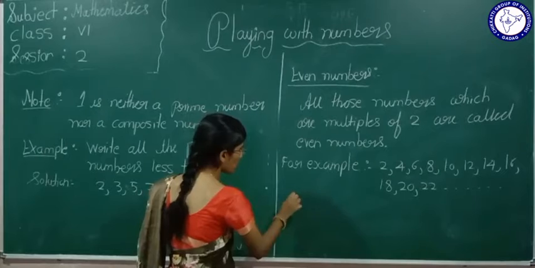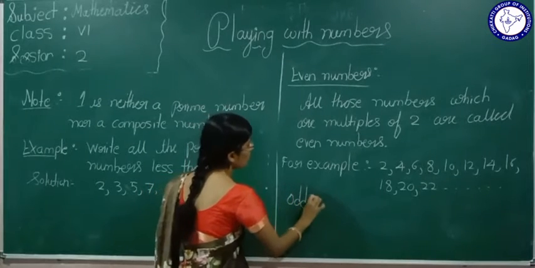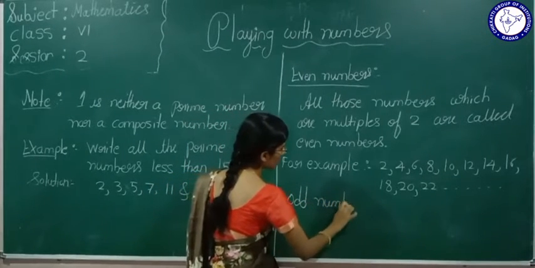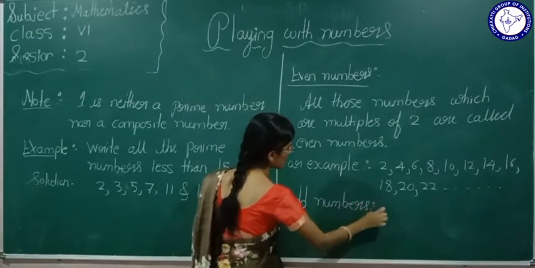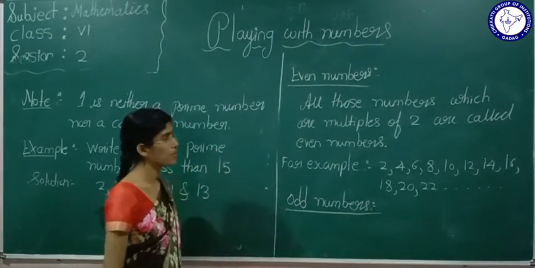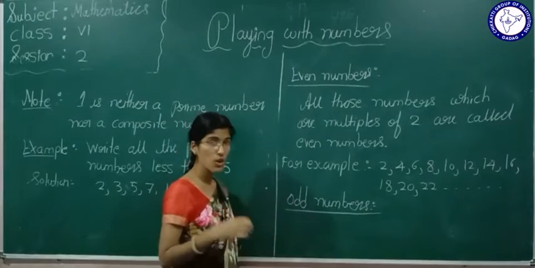Then what about odd numbers? All those numbers which are not multiples of 2 are called even numbers. Sorry, are called odd numbers.